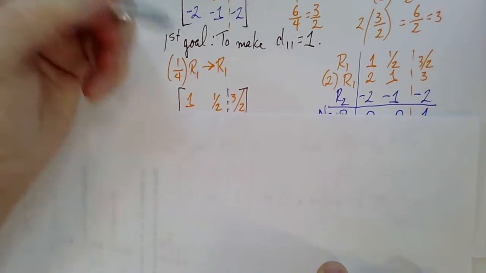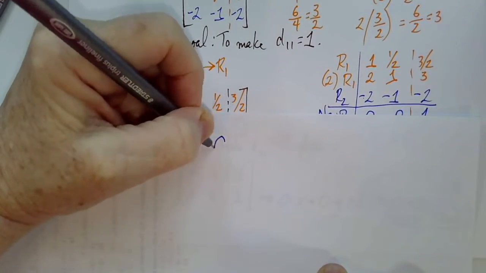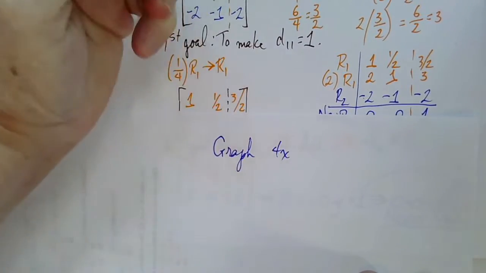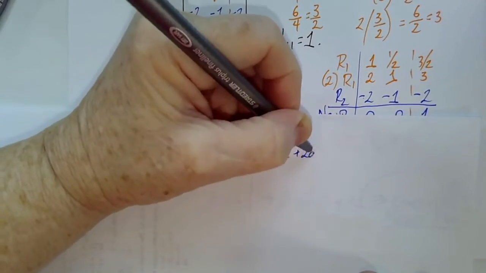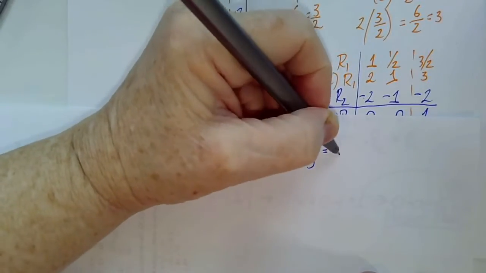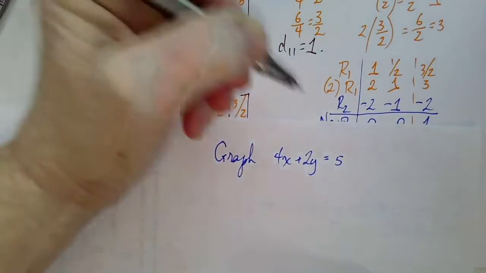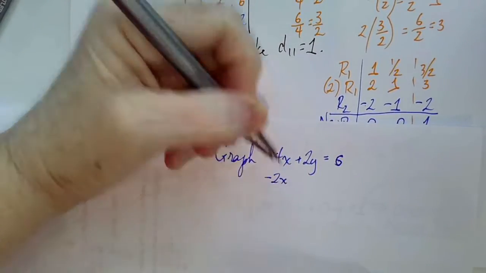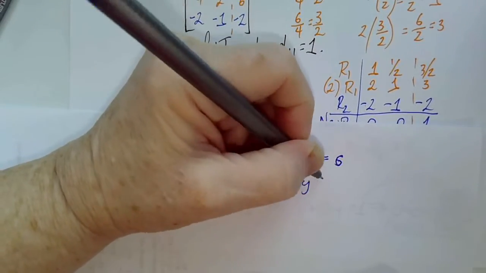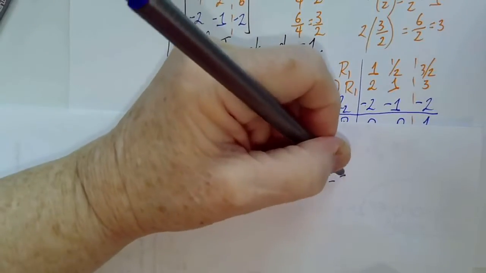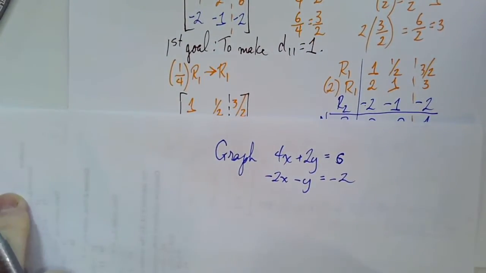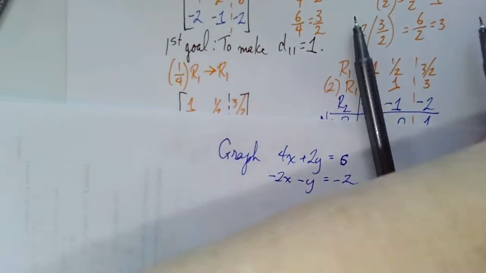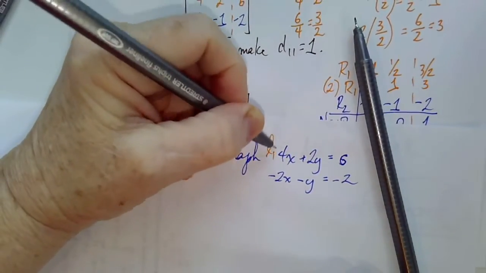Let's graph the system 4x plus 2y equals 6 and negative 2x minus y equals negative 2. So let's look at line 1.